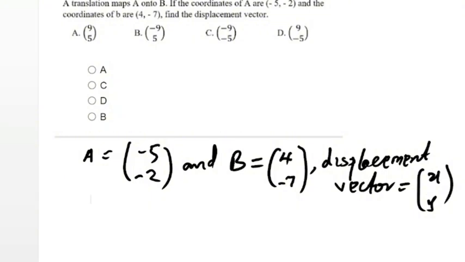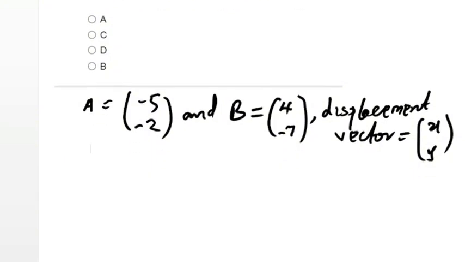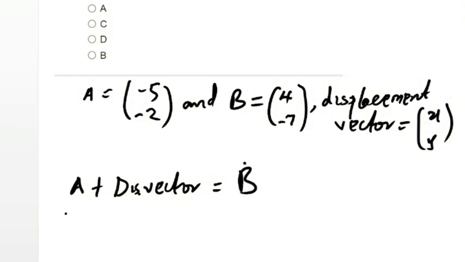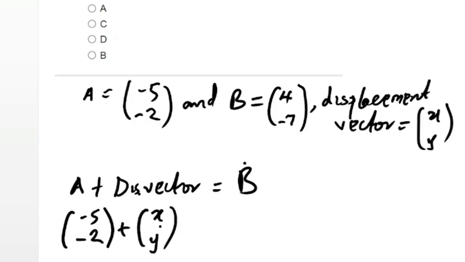Since we map A onto B, it is going to be A plus the displacement vector equals B. So A is given as -5, -2, plus x, y, which is the displacement vector, equals B.